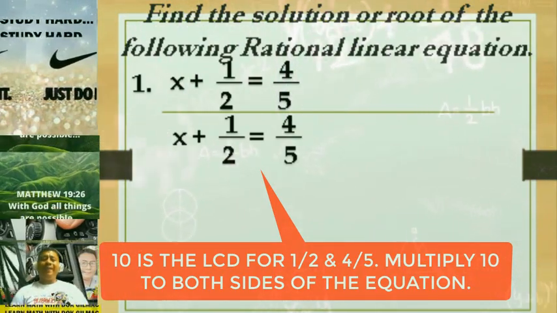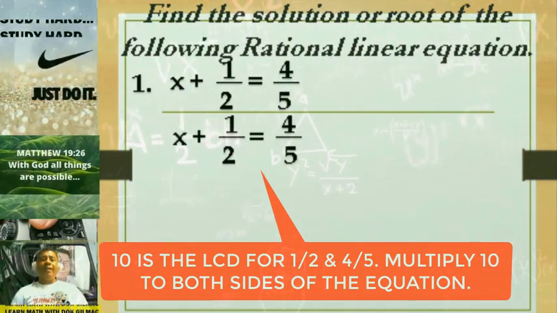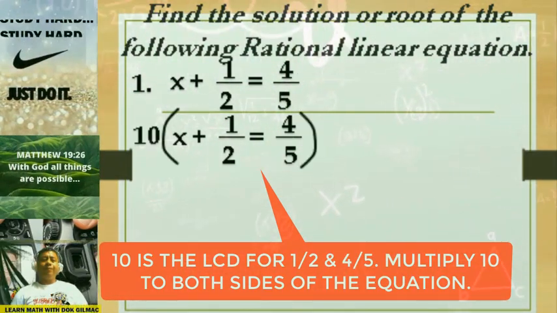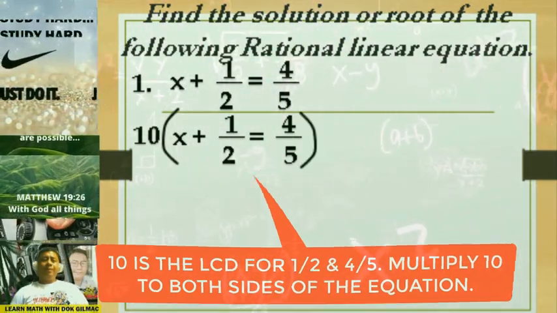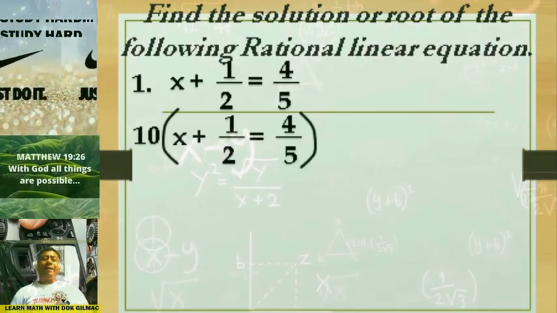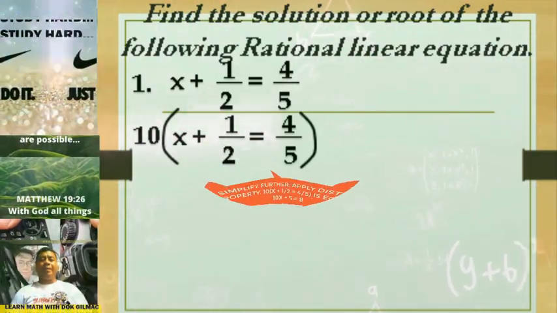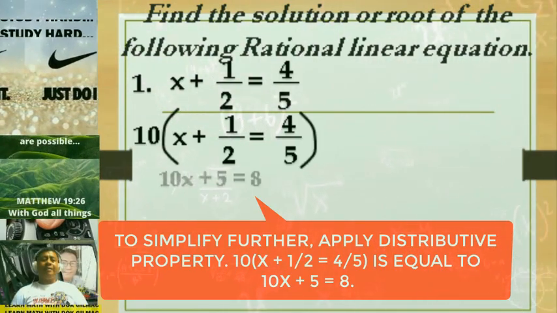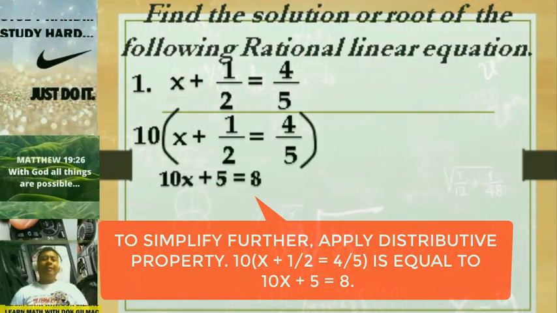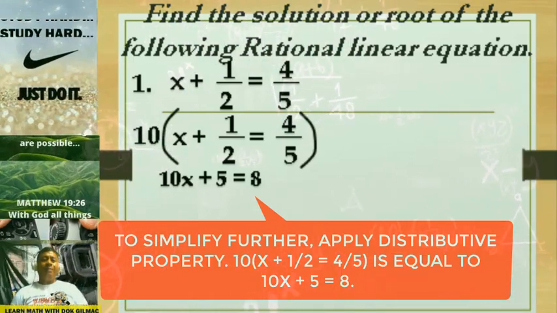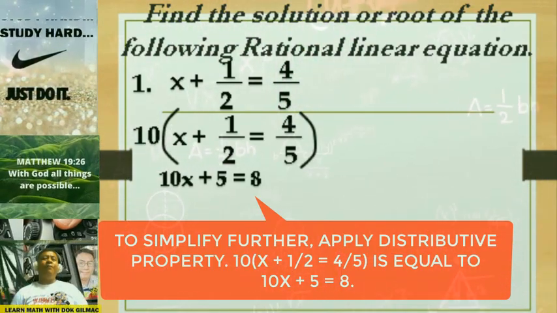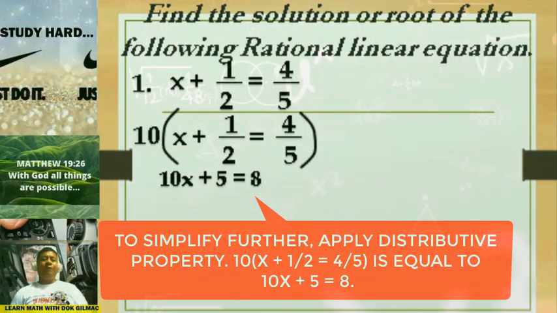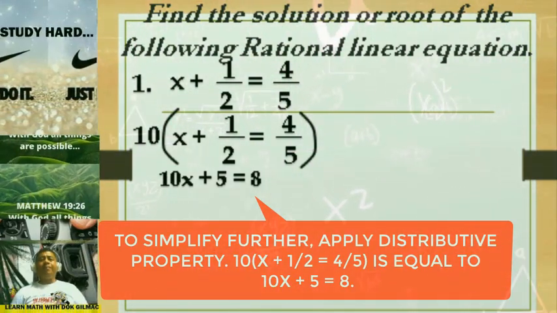So we multiply 10 to both sides of the equation. Simplifying further, we apply distributive property. 10 times x is 10x. 10 times 1/2 is 5. So we have 10x plus 5 is equal to 10 times 4/5, which is simply equal to 8.